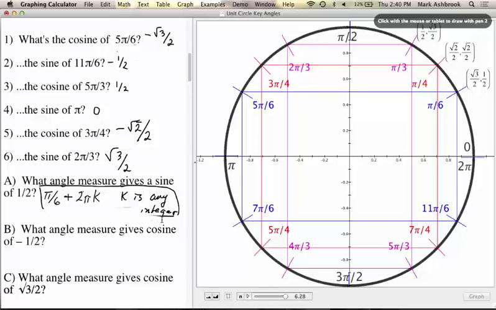You need 5 pi over 6 plus 2 pi k. Right. So that's going to take me always to this spot on the circle. Those are all the angle measures. They're going to always take me to that. But I also need these over here.